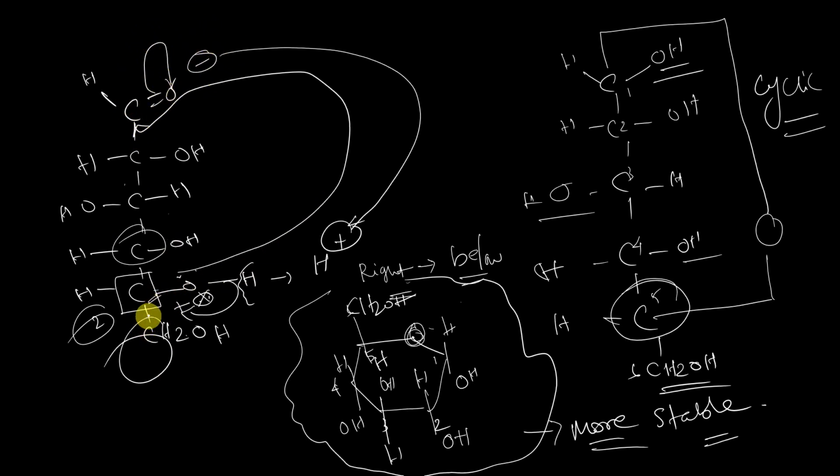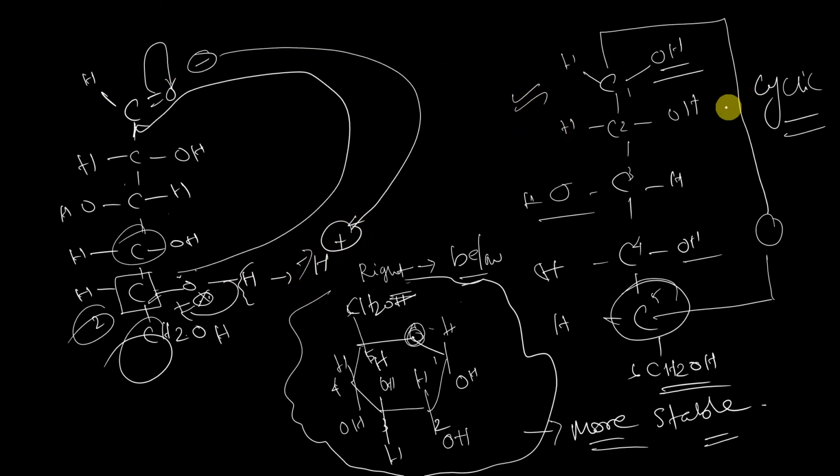And this oxygen has donated the lone pair of electrons so that it acquires a positive charge. So in order to neutralize itself, what happens? It pulls the electron from the hydrogen and releases the hydrogen as H plus. This H plus makes a bond with the O minus, so we can get the final structure like this.